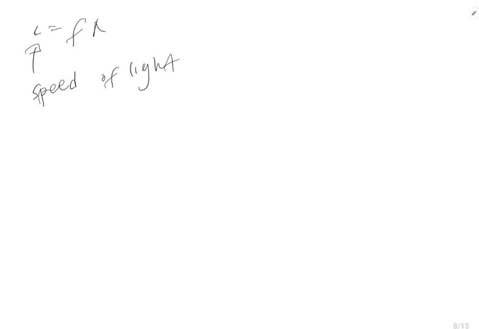Last but not least is the energy of the wave. We said that a wave also transfers energy, or in simpler terms, the wave carries some energy with it. The equation for that is E equals hf, where h is what we call Planck's constant.